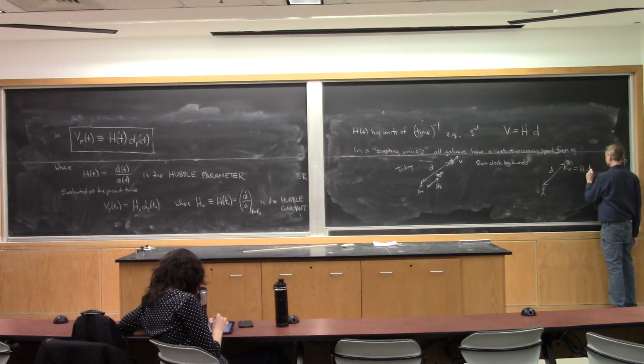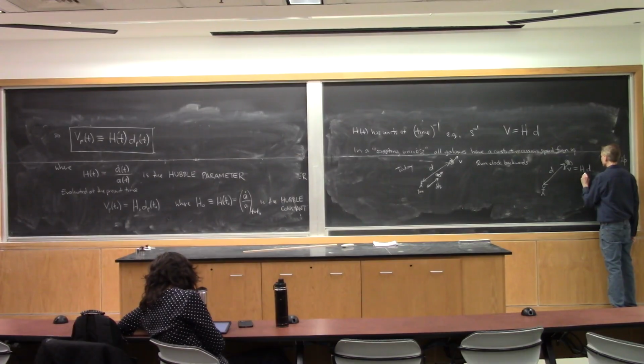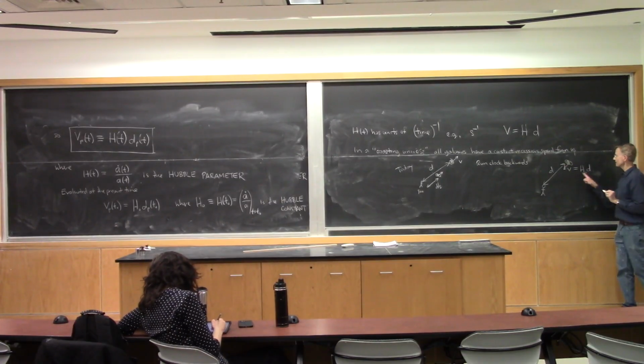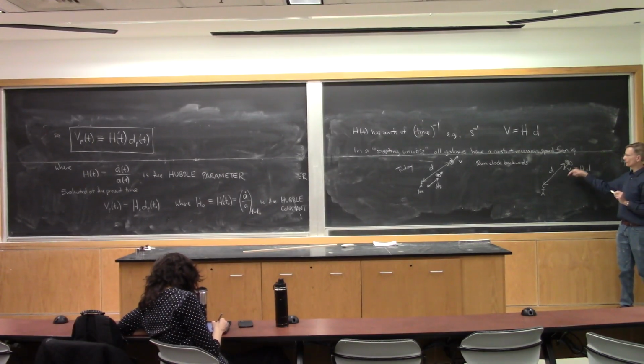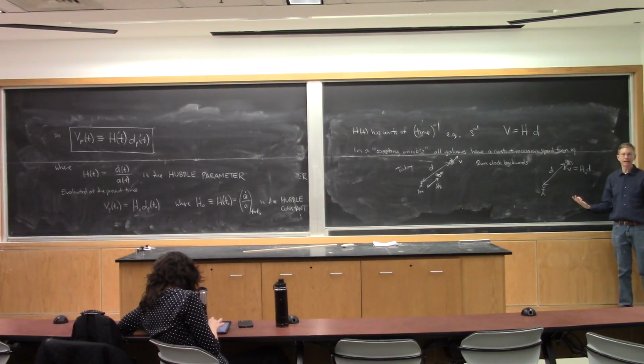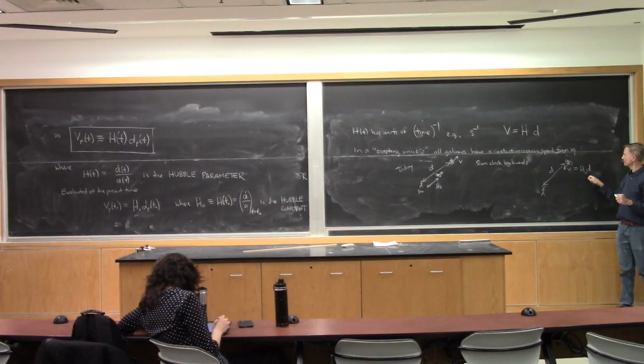I'm doing this today so I can say v is H naught d, and I'm going to assume that it always is flying back towards us at the same value it is today. So the Hubble parameter will be changing, but the velocity is always H naught d, based on the Hubble constant today.